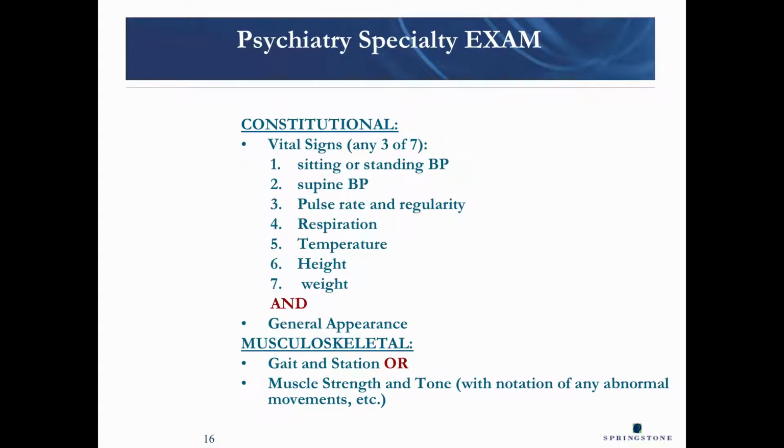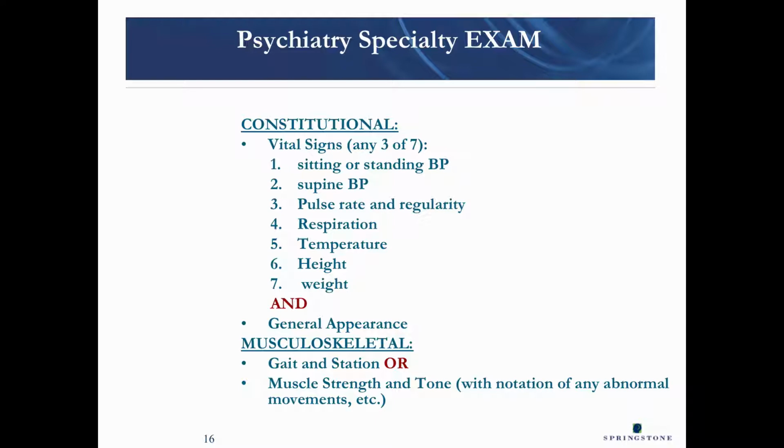Now the second and third parts of the specialty exam include the constitutional exam, which is 2 bullets: 3 of the 7 vital signs, any 3, and general appearance, which we normally think of as part of a mental status exam anyway. And then musculoskeletal, where you need to document either gait and station or muscle strength and tone.